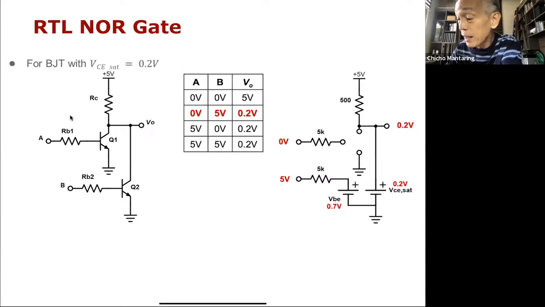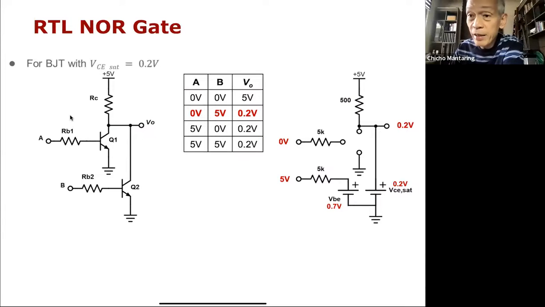And the reason for that is when both of these are conducting, then the current flowing through here is going to be shared by the two transistors. Okay? So may corresponding computation yan for IB. Now, if one or two conduct, then the output is going to be 0.2.